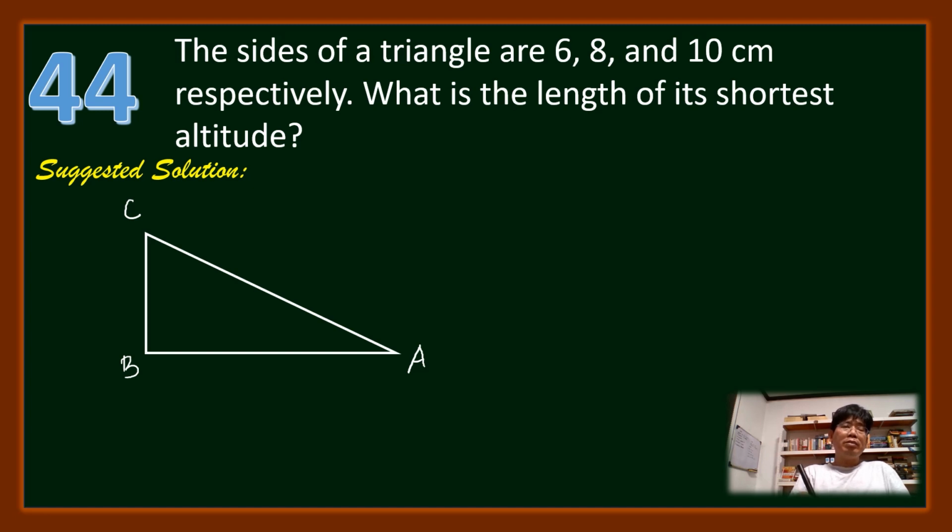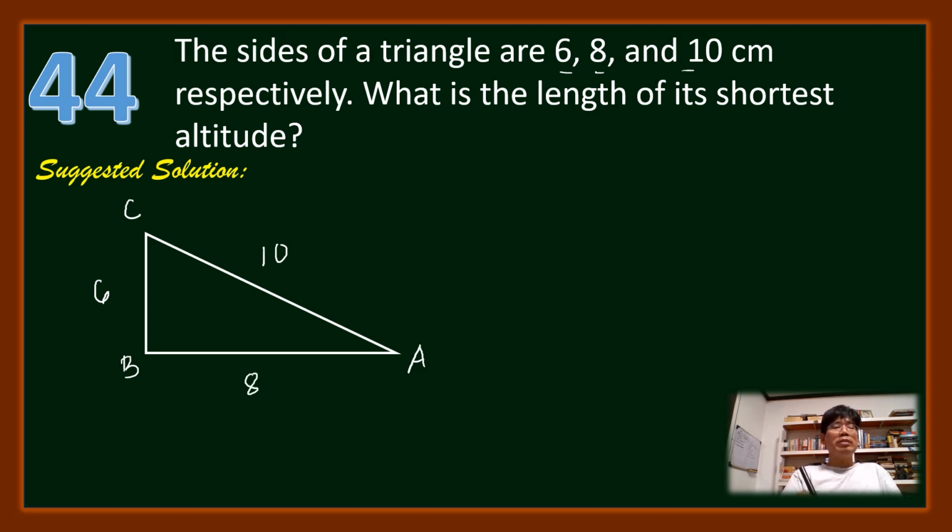Since this is a right triangle, because the lengths of the sides are 6, 8, and 10, this forms a Pythagorean triple. 10 squared is equal to 6 squared plus 8 squared. The longest side, the hypotenuse, is 10. The shorter side, BC, is 6. And the longer side, AB, is 8.